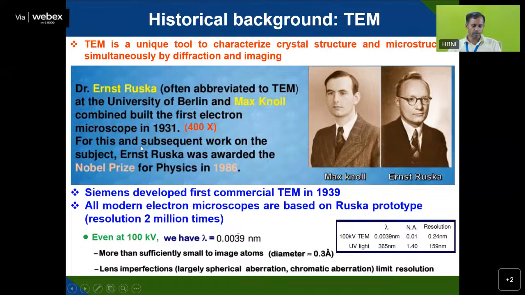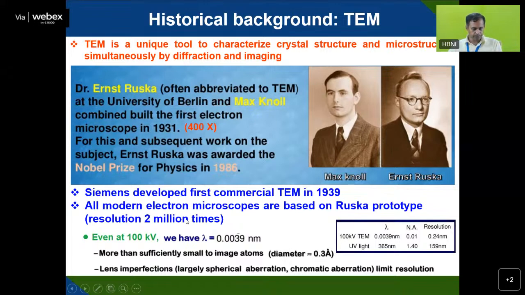Later on, Ernst Ruska was awarded the Nobel Prize in 1986 for the discovery. Siemens then developed the first commercial TEM in 1939 after a long gap, and all modern electron microscopes are based on Ruska's prototypes. And now the magnification from 400x to 2 million times can be achieved in today's transmission electron microscope.